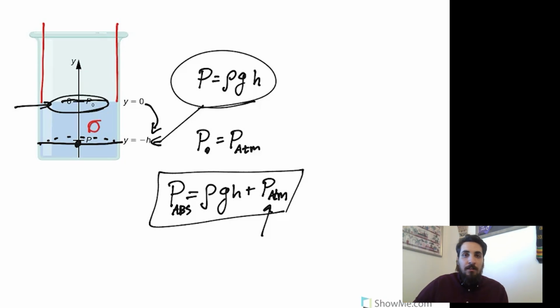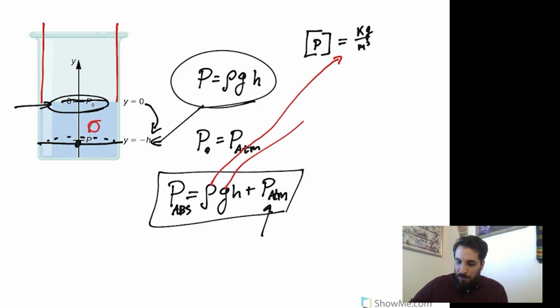Now, I do want to take a quick look at the units, right? We say pressure is rho g h plus atmospheric pressure. That means the units of pressure, and I'll use square brackets here for units, is going to be, well, density will give us a unit of kilogram per meter cubed in our SI units.